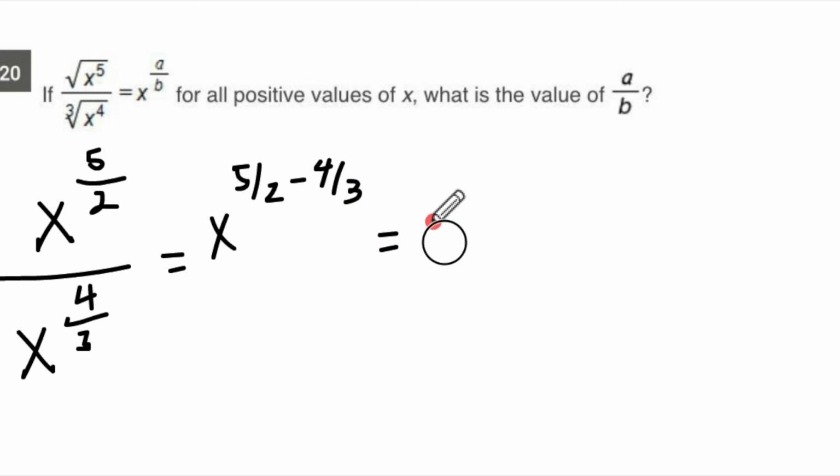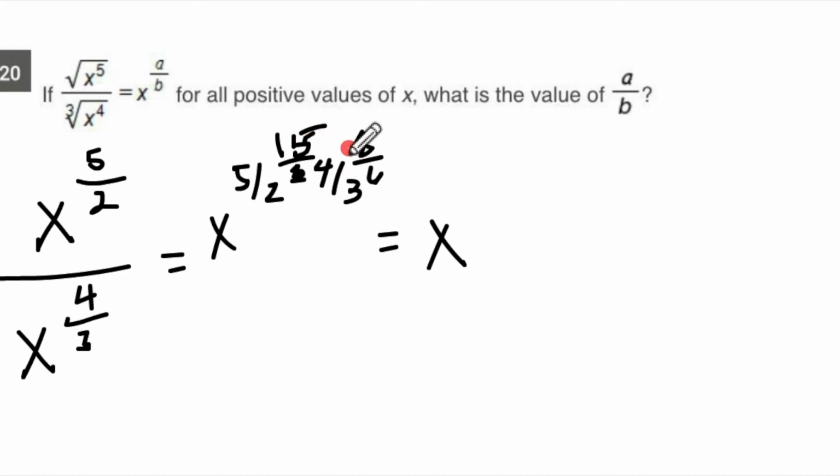And so we're going to get x to the, all right, because I have to do this. We have to find a common denominator. I had already done this problem so that I didn't have to redo this here. Okay, so we're going to change them into sixths, so we can subtract them. So 2 goes in 6 3 times, it's 15 sixths. It's getting a little messy here.